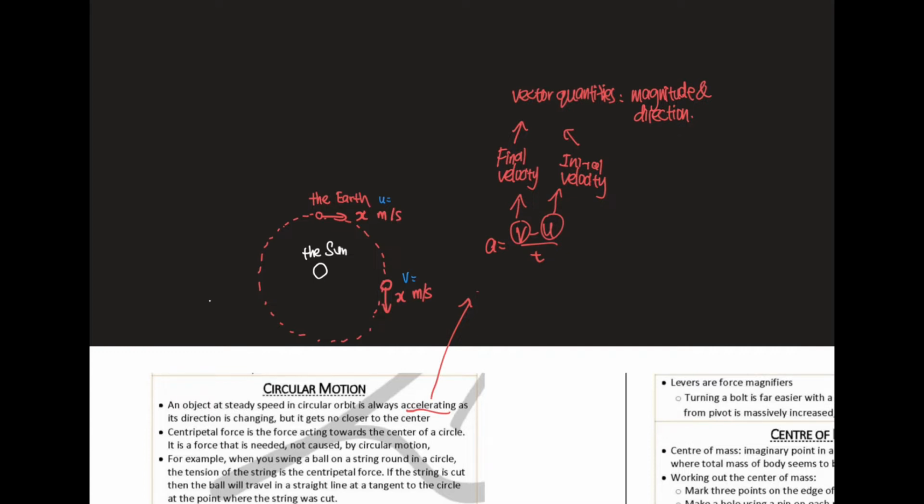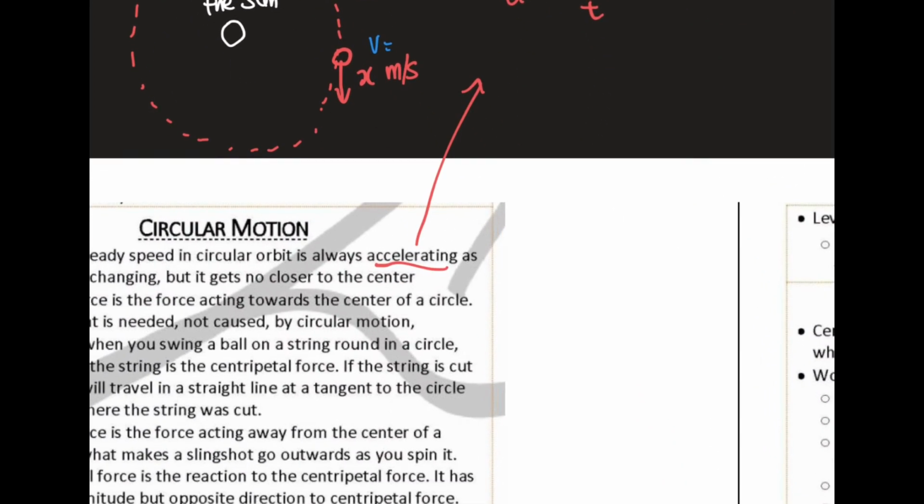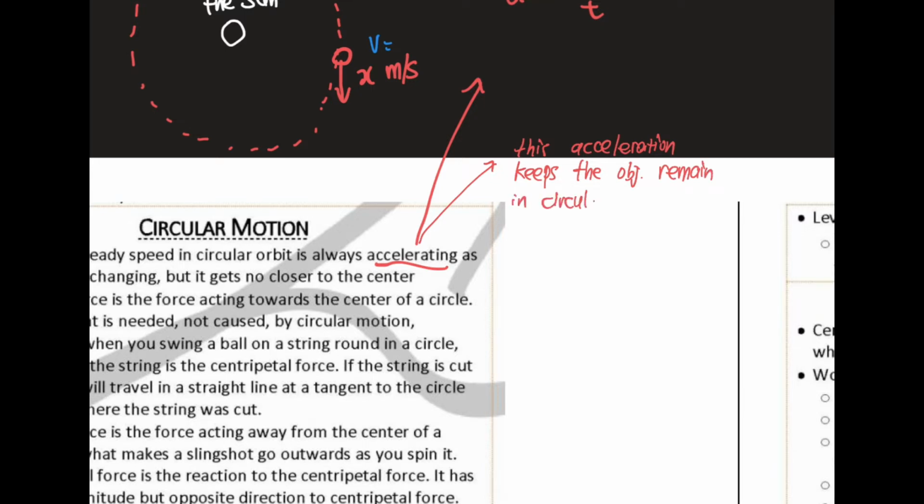But here, the acceleration in circular motion makes the object remain in circular orbit. So I write down first: this acceleration keeps the object remaining in circular motion.